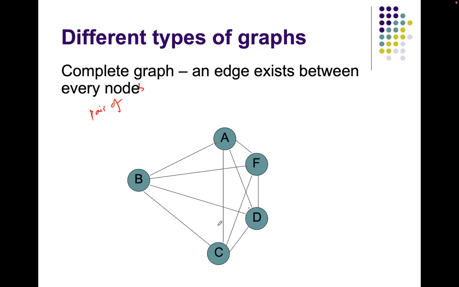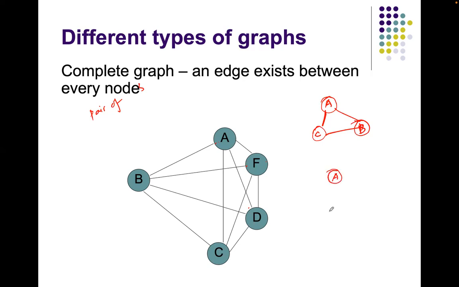Okay, like that. All right, so let's draw another complete graph between three nodes, A, B, and C. A will be connected with B and C. C will be connected with A and B. B is connected with A and C. So this is an example of a complete graph.